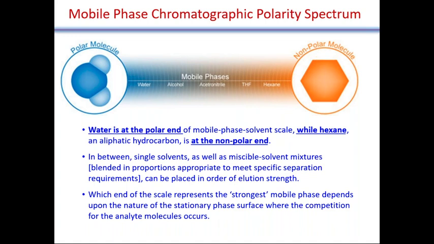And then you have the in-between solvents such as acetonitrile and tetrahydrofuran, which can be used to mix the polar and the non-polar. So which end of the scale represents the strongest mobile phase depends upon the nature of the stationary phase. So we have seen that when we use a polar stationary phase such as silica, we will use hexane as the solvent. And when we use a non-polar one such as C18 or C8 or C4, we will use the solvents at the polar end.